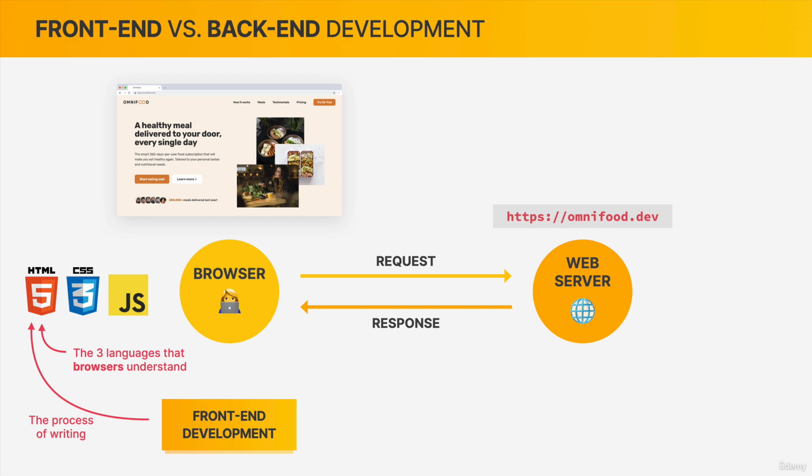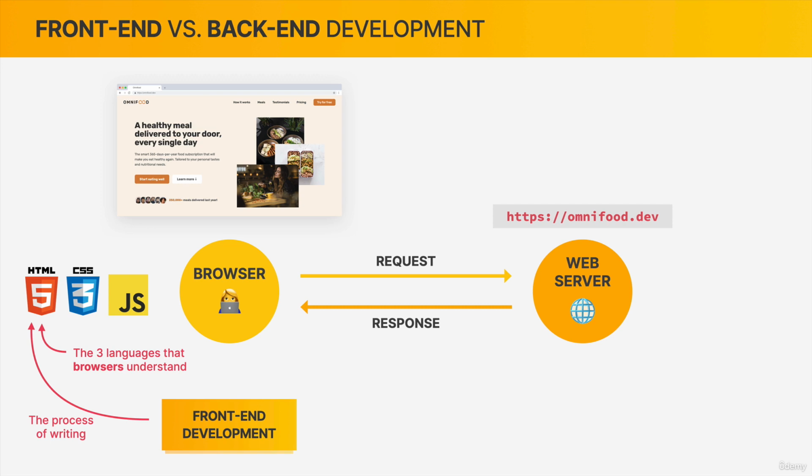So whenever you hear someone talking about front-end development, what they mean is developers writing the code that is displayed in the browser, which is basically the front end of a website. And in fact, this is essentially what we're going to learn in this course, or at least the very, very fundamentals of front-end development, which is learning HTML and CSS.